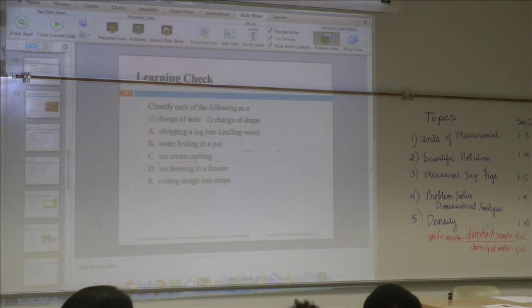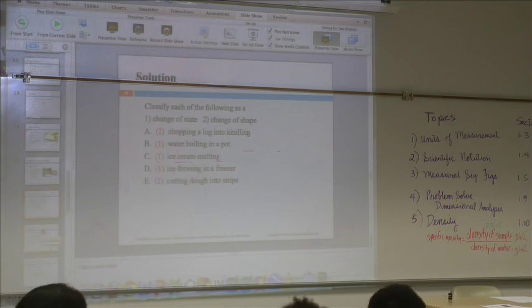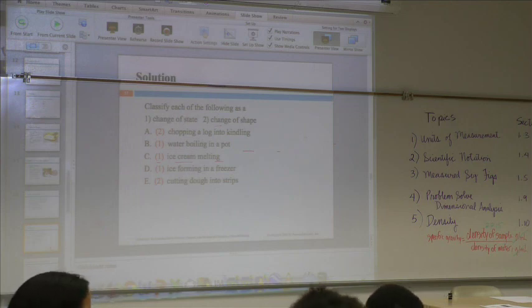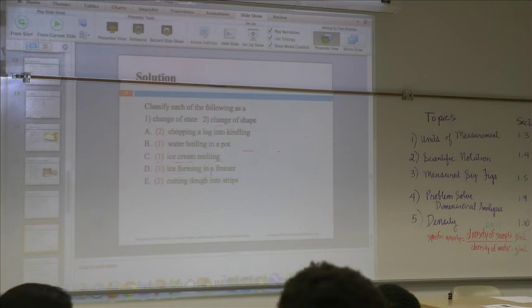Change of state. I know, they all start with S, right? So let's not confuse each other. Jumping a lot, shape, right? Boiling, state. Melting, state. Freezing, ice forming in the freezer, state. Again. Cutting dough, shape.